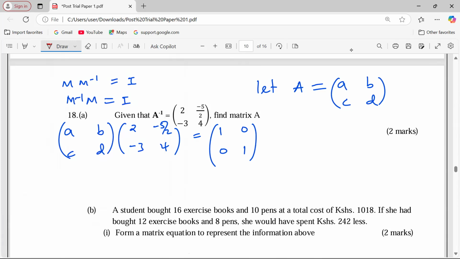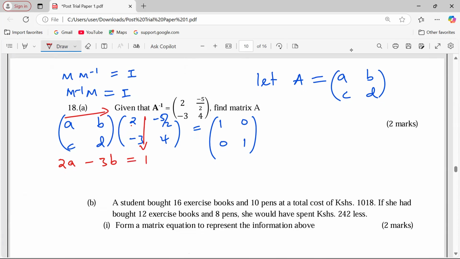So we work out row times column for us to get the first term. So 2A minus 3B, we are multiplying A by 2 and B by negative 3 to get the first term, which is 1. Again, we can use the same row and the next column so that we get the value to the right.